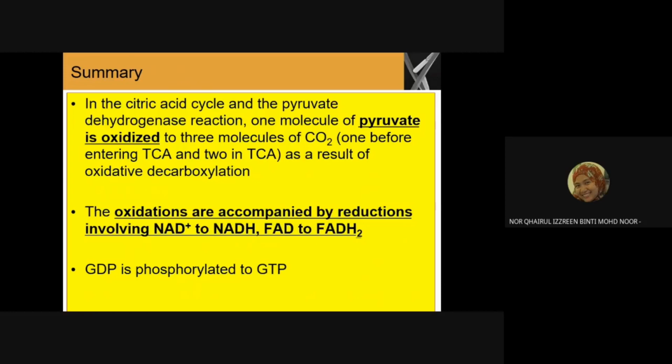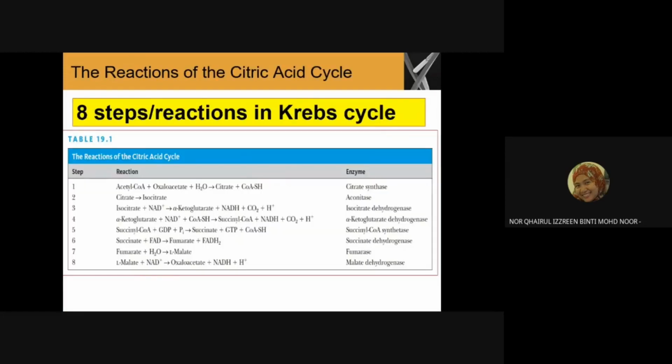And these oxidations are accompanied by reduction reactions, which involve NAD plus to NADH, FAD to FADH2, and also GDP being phosphorylated to GTP. This one we have seen earlier, the overall 8 steps or 8 reactions in the Krebs cycle. With that, we end part 2 of the TCA cycle.